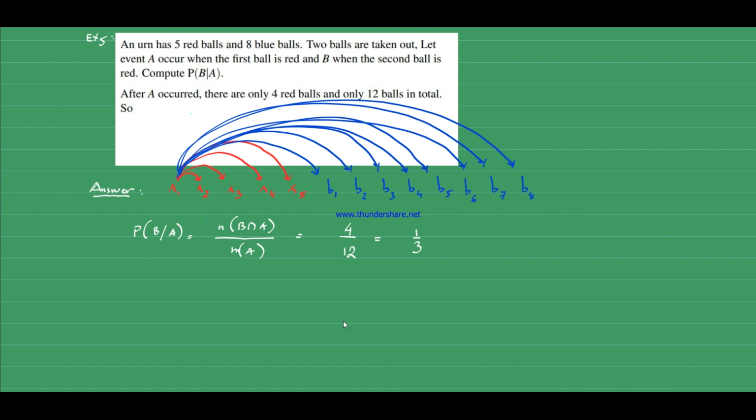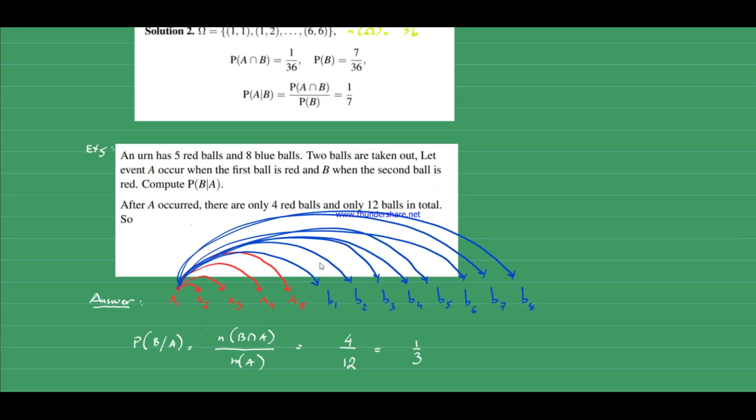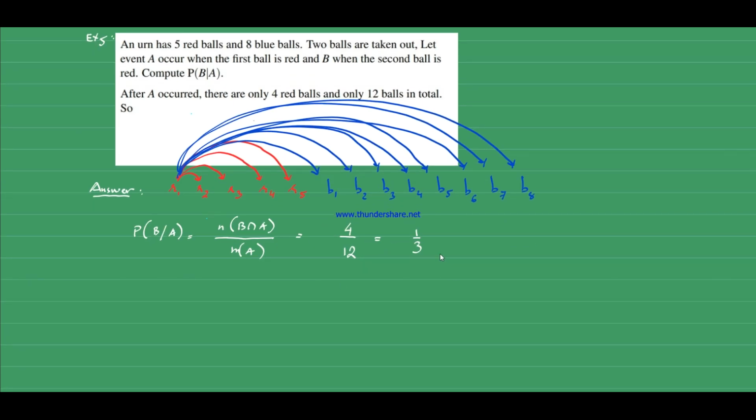So at this moment I haven't figured it out yet. If you have time, go ahead and try to figure it out using the second formula. Let's see if it turns out to be the same or not. But at this moment, I'm gonna just stick to the first one.